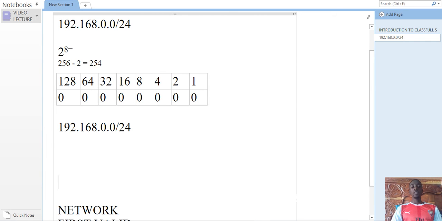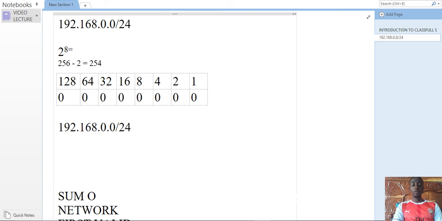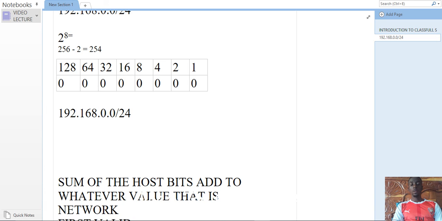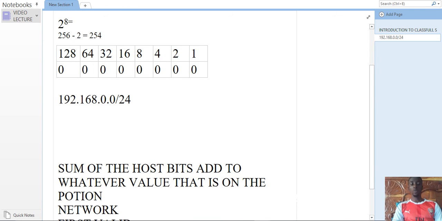The formula to get the broadcast address is you add the sum of the bits in the host portion, the sum of the host bits, to whatever value is on the same portion of the network address.